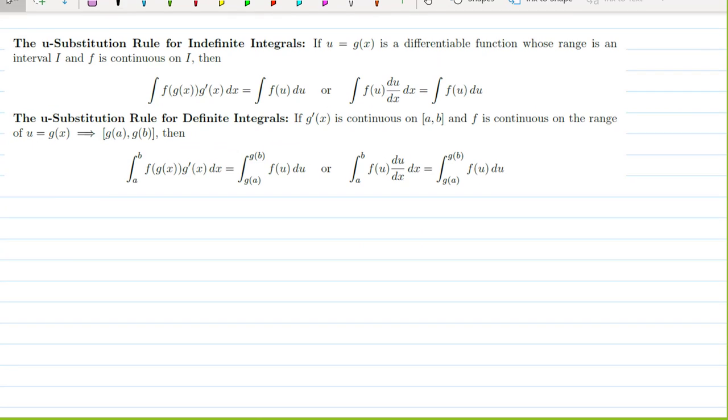We would need to change our limits of integration by putting them into the function that we're substituting and get new limits of integration. So when we do a U-Substitution, it doesn't only change the integrand. If we have limits of integration, it will also change those to the new values.